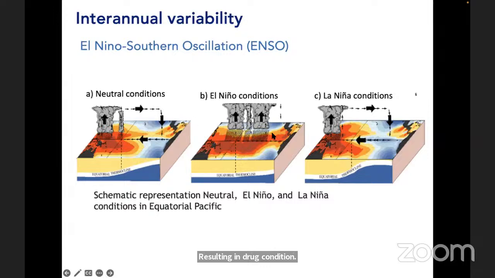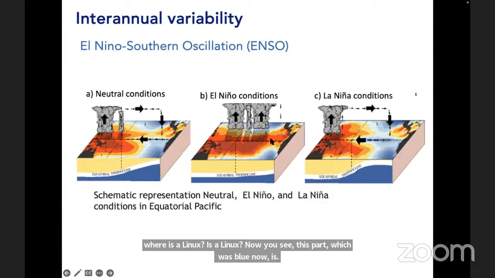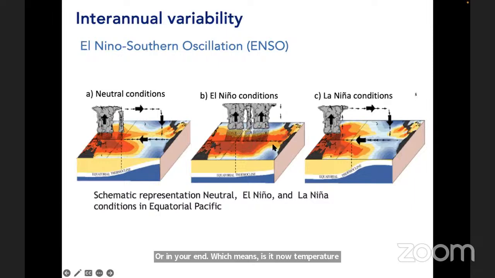But when it's El Nino, now you see this part, which was blue, is now orange red, which means the temperature has increased. So this area has now become warmer than what we see here. When that happens, this wind is weak.